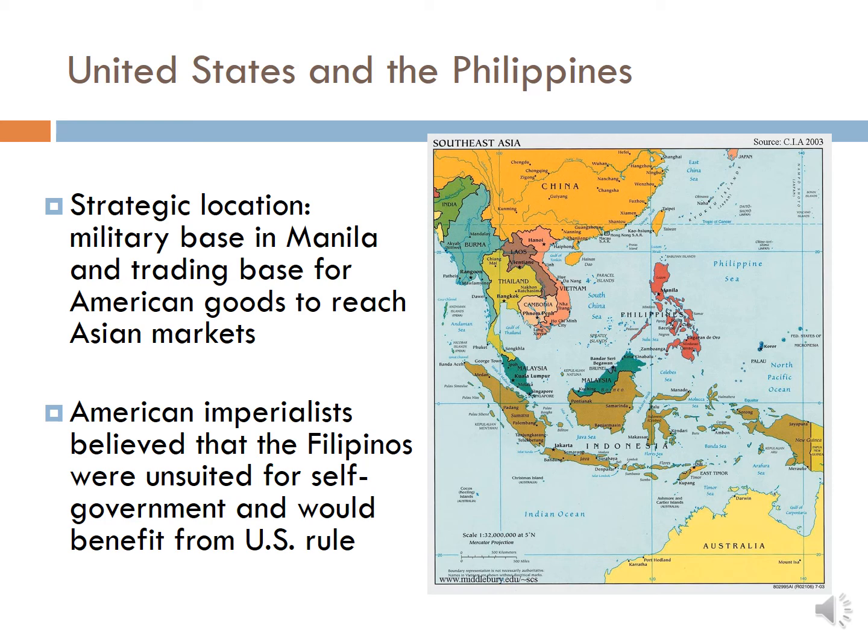The same argument was given for the Puerto Ricans after the Spanish-American War. So the U.S. justified their presence and their colonization, not colonization, but territorial control of the Philippines by this idea that the Filipinos were somehow unfit for self-rule.